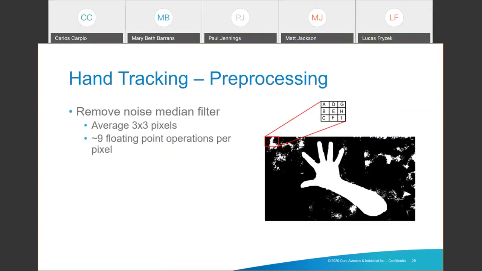The next thing we'll want to do is remove any noise in the image. So our filter before was only looking for stuff that had the color of skin. In an image, there might be more data that fits that filter that does not represent our hand, but it'll be scattered throughout the image and not in a big area like the hand is. So an easy way to do that is just to run a noise filter over our image.